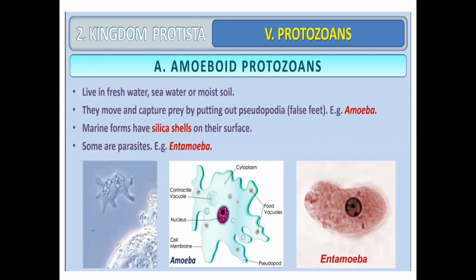An example of a protozoan which is a parasite is Entamoeba. This will cause the disease called amoebiasis.